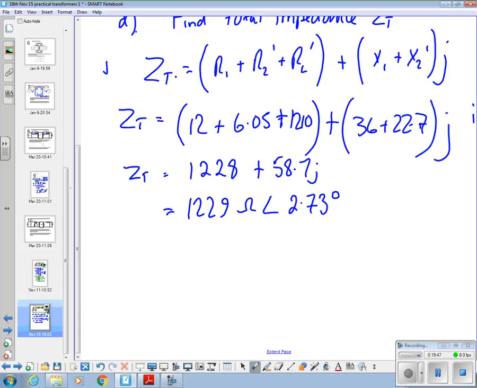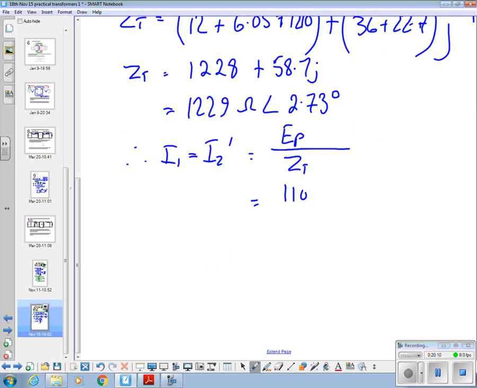So we've got the total impedance, so we can say therefore I1, which is equal to I2 dash as well, probably worth saying that, and that's going to equal E primary over ZT.